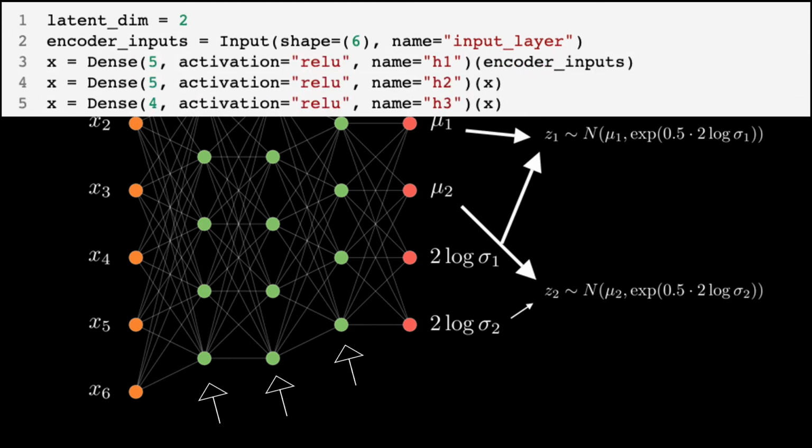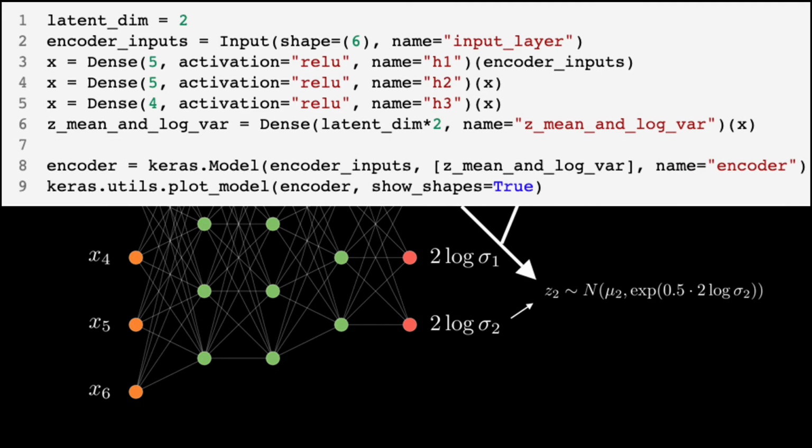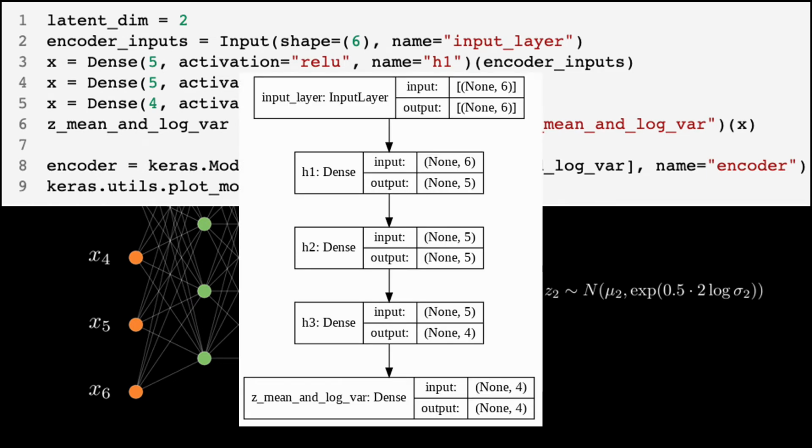Here I have added 3 dense hidden layers and a dense layer that would output a vector whose entries are mean and log variance. Note the number of neurons in this layer is 4. Now we simply create the Keras model, supplying the input and the output. We will also plot it to see how it looks.